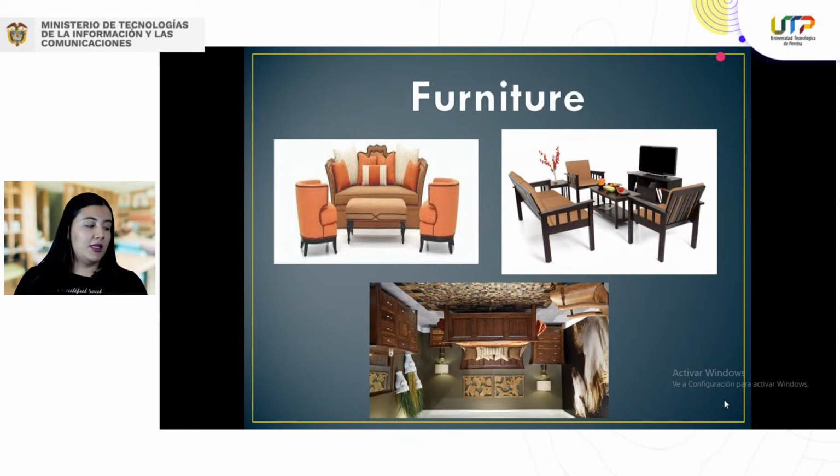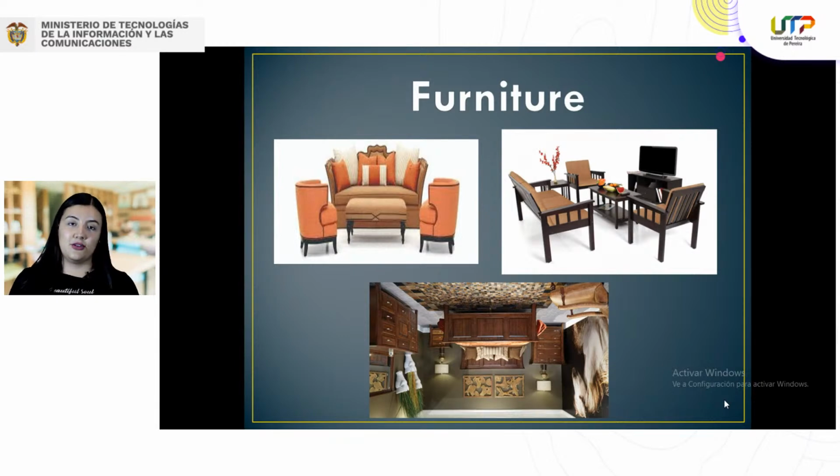Miren los muebles de madera, ¿sí? Como el comedor, como la sala, como los muebles de la cocina. A todo esto, todos los elementos que hay en nuestra casa, que no son electrónicos, les llamamos en inglés furniture, ¿ok? Furniture. That is the correct word in English to refer to those things, ¿ok?